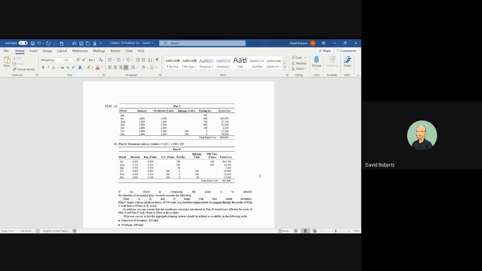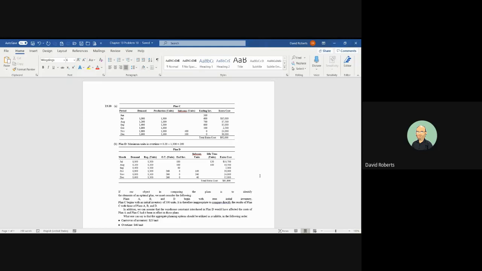So we had 100 units at the end of October. We make 1,300. So we have 1,400 available for sale. And we want to sell 1,800. So we have a 400 shortfall, or we have negative inventory, but we don't do that. What we do is we have the subcontractors make the extra 400, and we do the same thing in December.